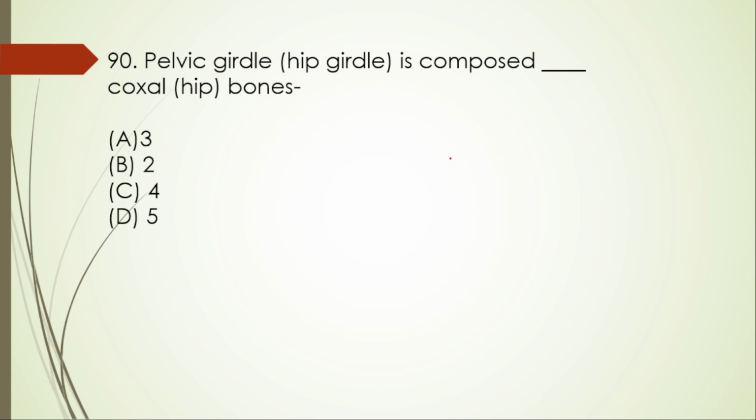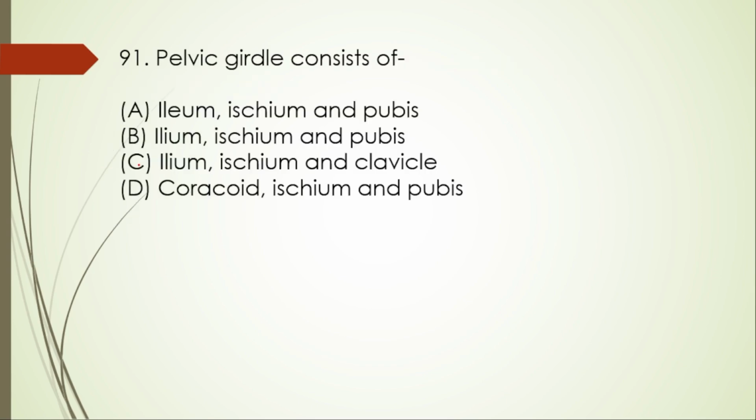Next, 90th one. Pelvic girdle, that is hip girdle, is composed of dash coxal bones, hip bones. How many hip bones? 3, 2, 4, 5. It is formed of two large coxal bones, which are also called hip bones. Next one, that is 91st one.